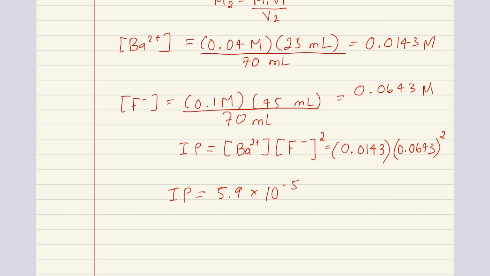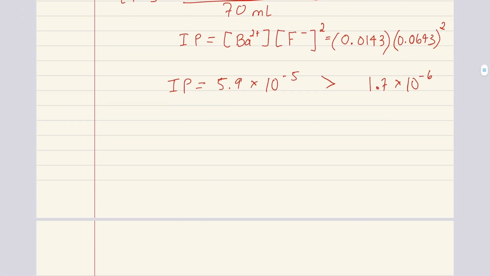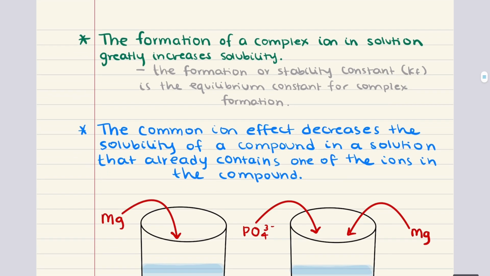And we want to compare this value to the KSP, which is 1.7 times 10 to the negative 6. We quickly realize that the ion product is greater than the KSP, so the solution is supersaturated and precipitation will occur.